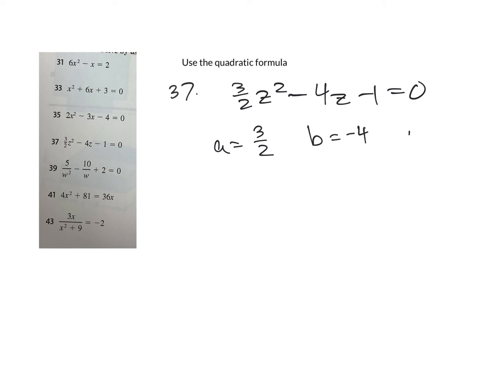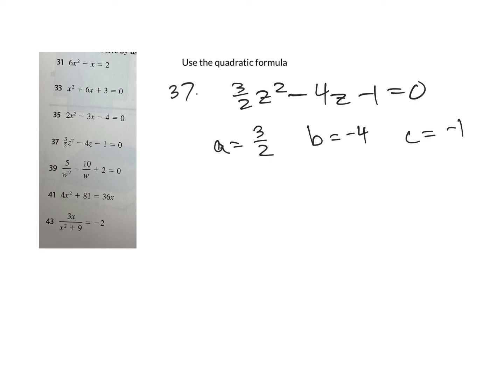All right, number 37 is 3/2 z squared minus 4z minus 1 equals 0. Okay, so what we're going to do is a is 3/2, b is negative 4, and c is negative 1.